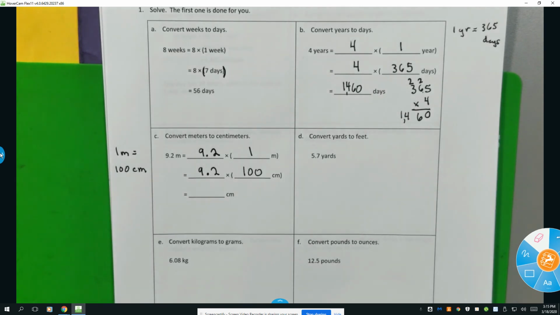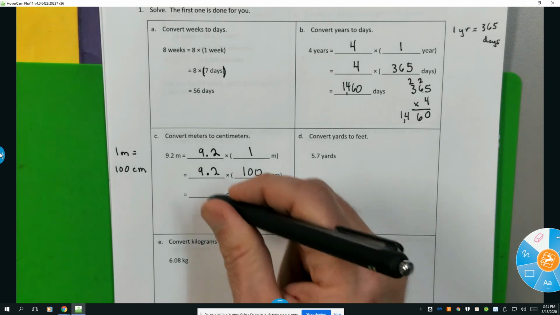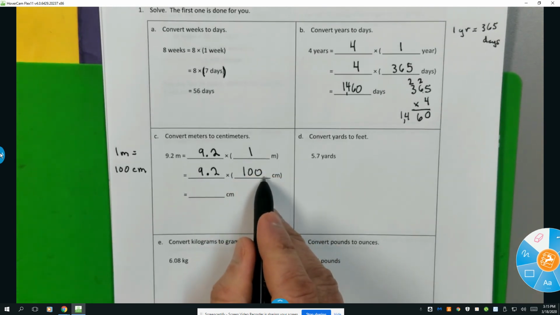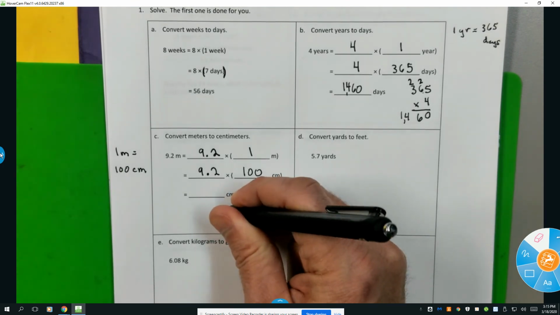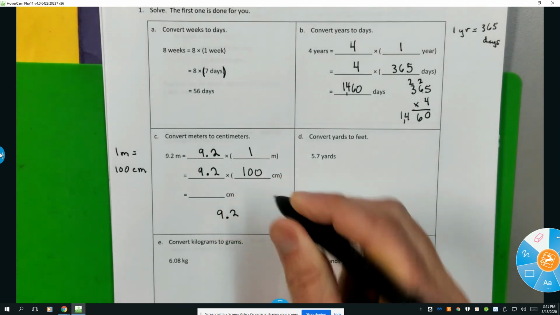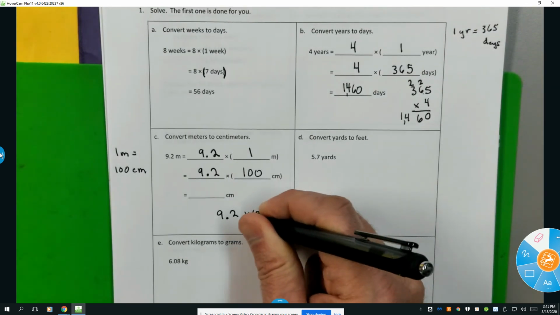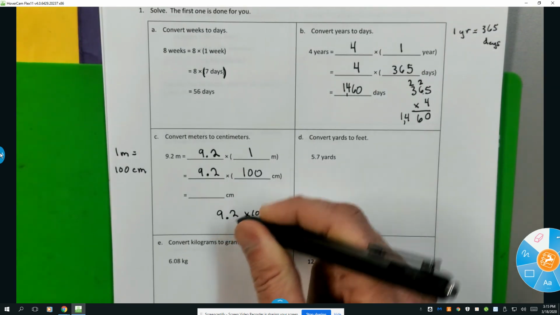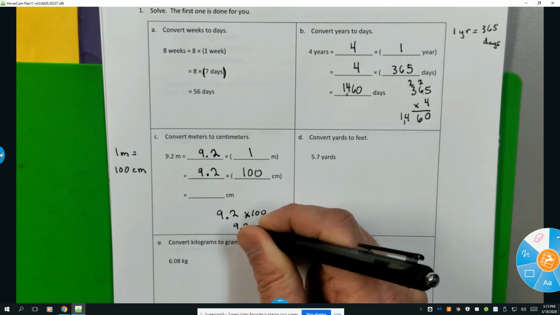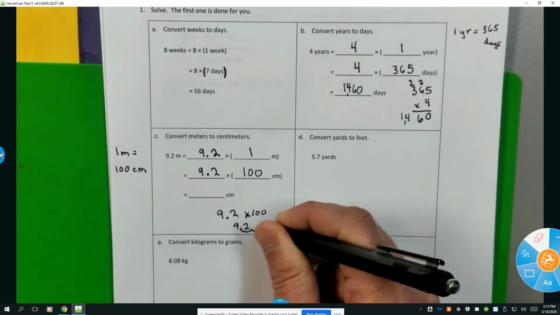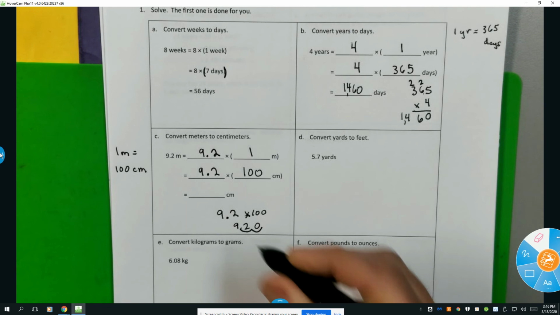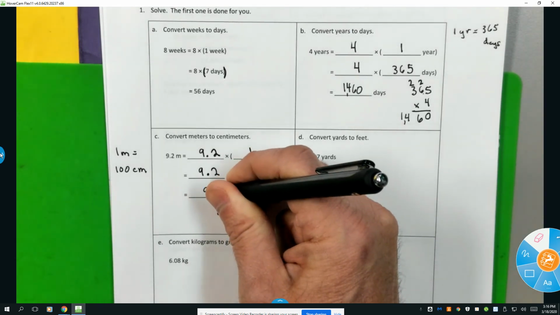So we have 9.2 times 100, and that just means I can move my decimal 2 places. Look at this right here, 9.2. If you multiply it by a power of 10 times 100, I'm going to slide that 9.2 2 spaces, 1, 2, and that's going to leave me with 920.